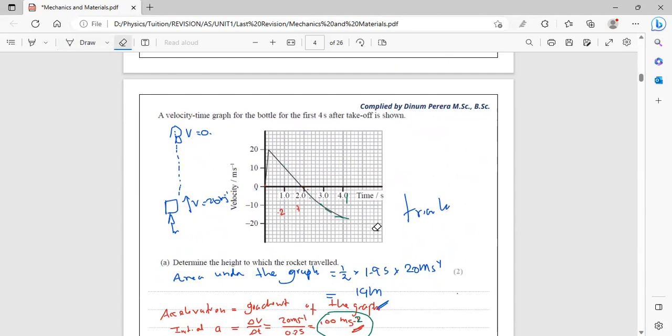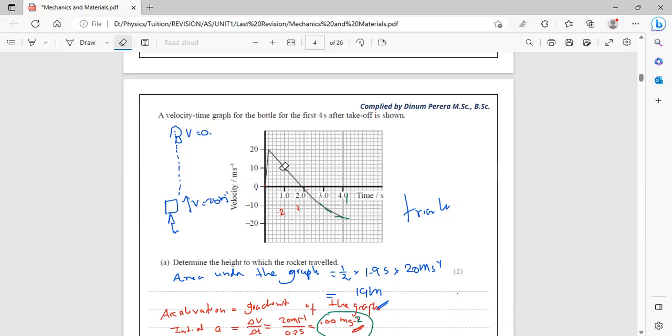Right. So at the launch of the rocket, it picks up its velocity very fast. It's an impulse, a sudden force given to the rocket in a small amount of time, so its velocity is greater.